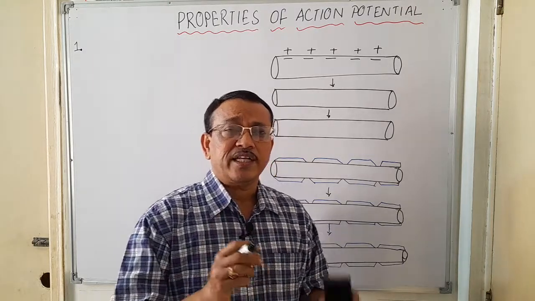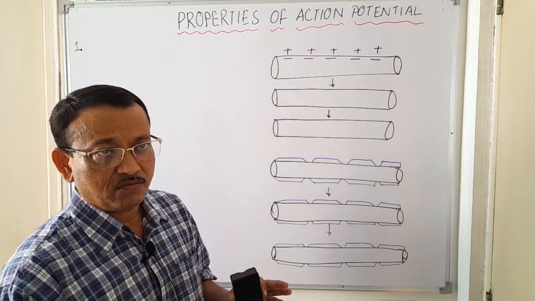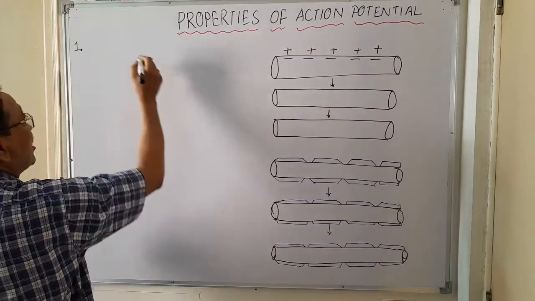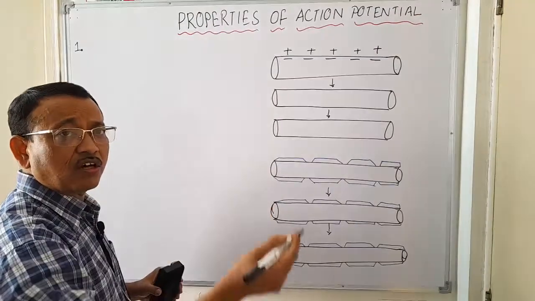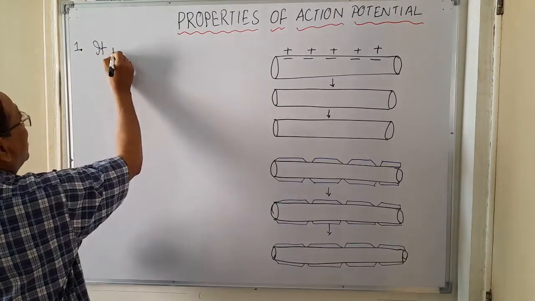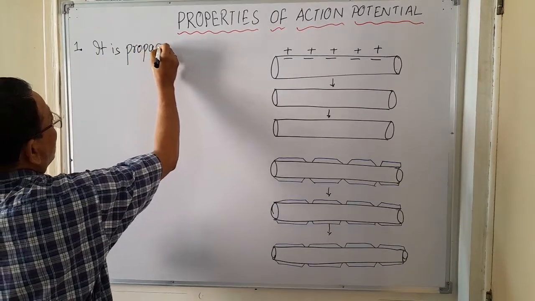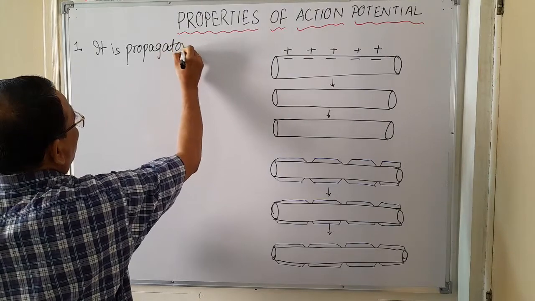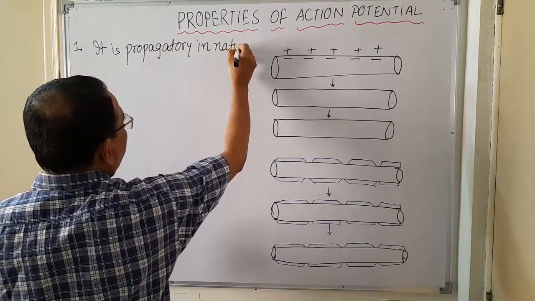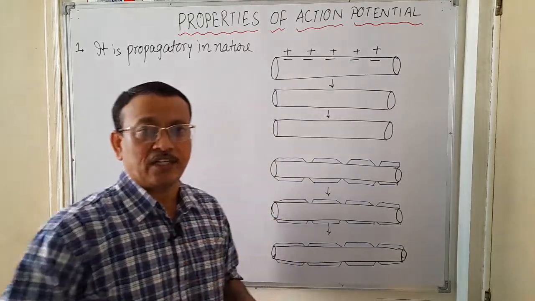Now let us see what the properties of the action potential are. The first property, as I told from the definition, is that it is propagatory in nature. It is propagated from the origin of the stimulus beyond the site of the stimulus.